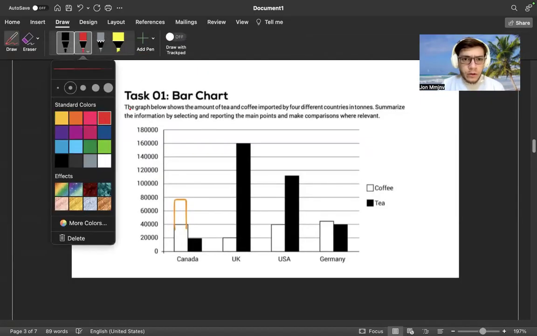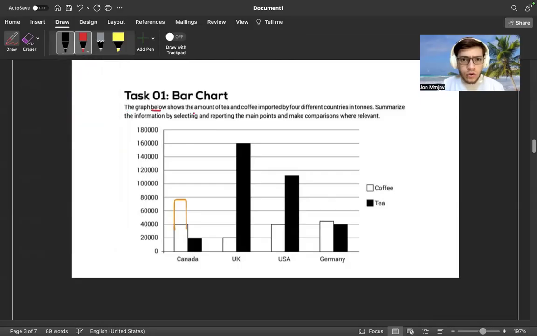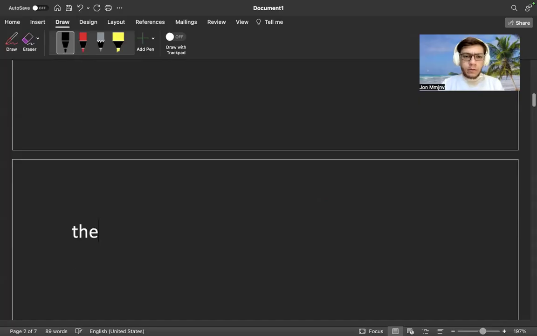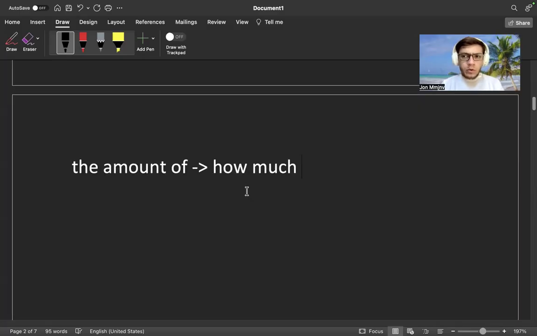As you can see, the graph below shows the amount of. I forgot to mention this. If you see the amount of, you can say how much and use it in the same way.